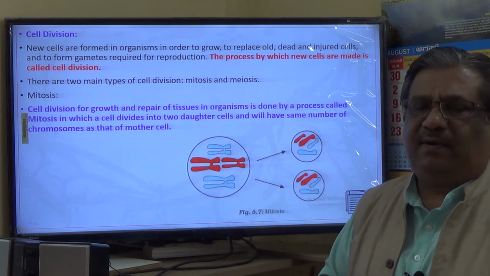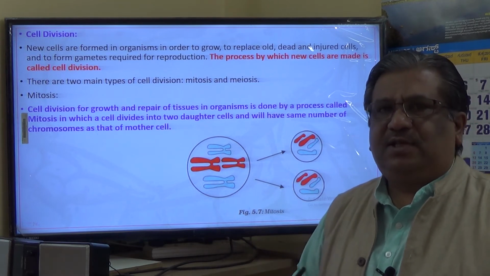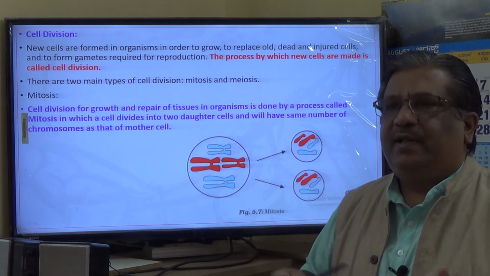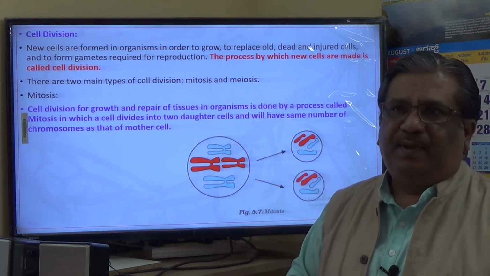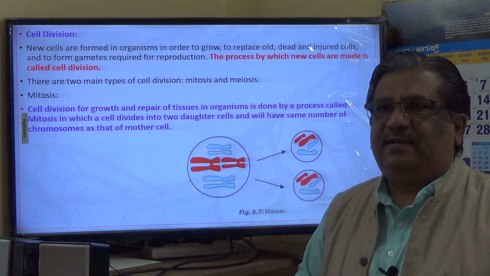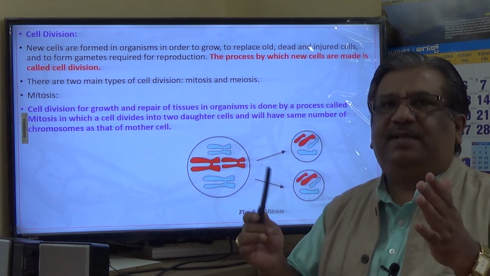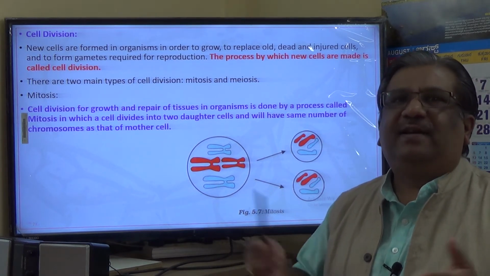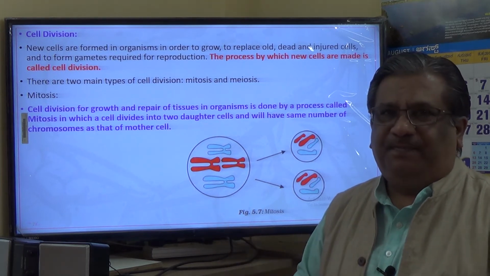Whether it is a plant or animal, this kind of cell division happens in the entire body except the reproductive organs, such as testes and ovaries, because there the cell division is different compared to the liver, hands, or any other organ.